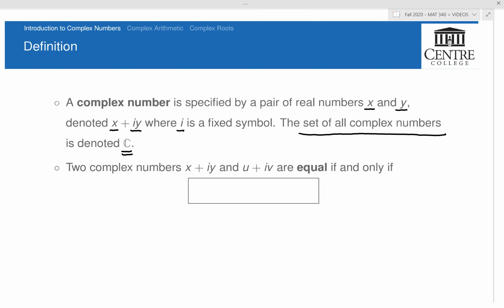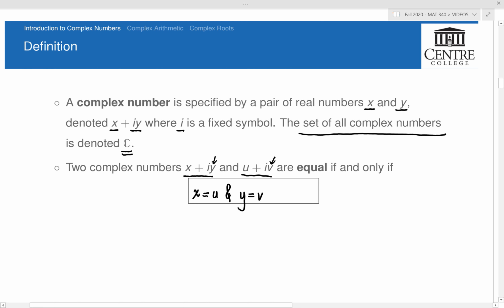In the case of complex numbers, we say two complex numbers x plus iy and u plus iv are equal if and only if x equals u and y equals v. If both of them are equal, we say that the two complex numbers are equal. It's important to keep in mind that complex numbers are specified by a pair of real numbers, x comma y.